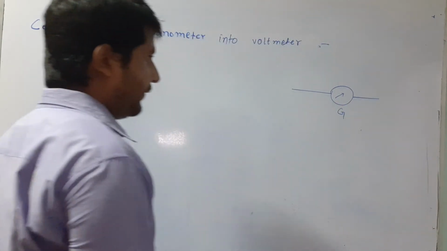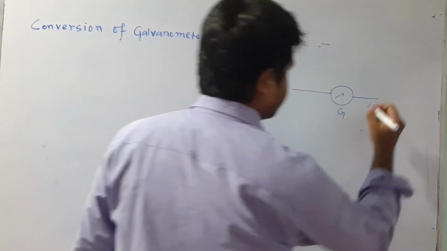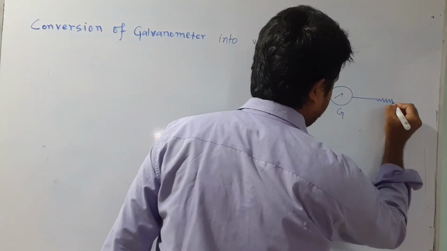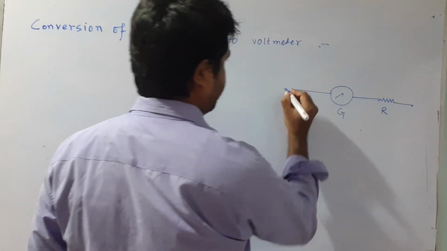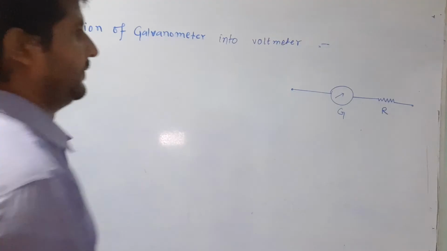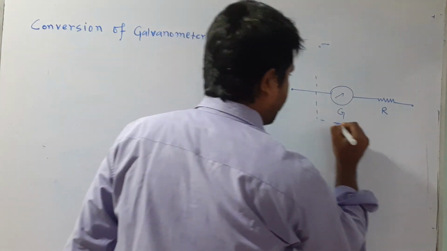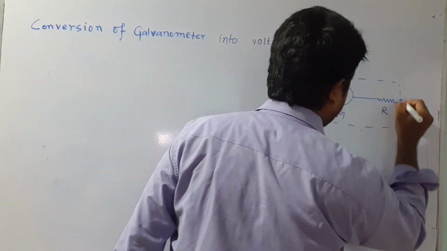If we connect a high resistance in series with this galvanometer, then the whole arrangement works as a voltmeter.